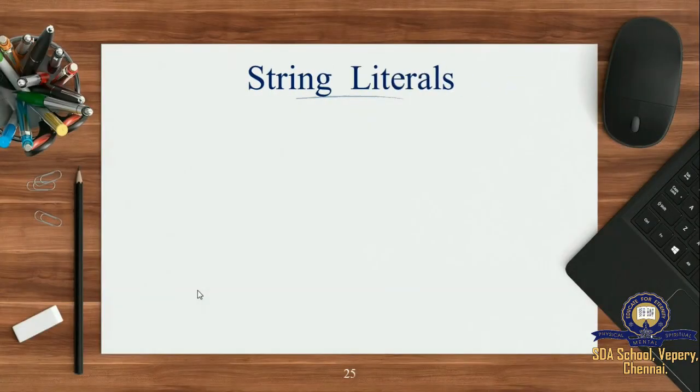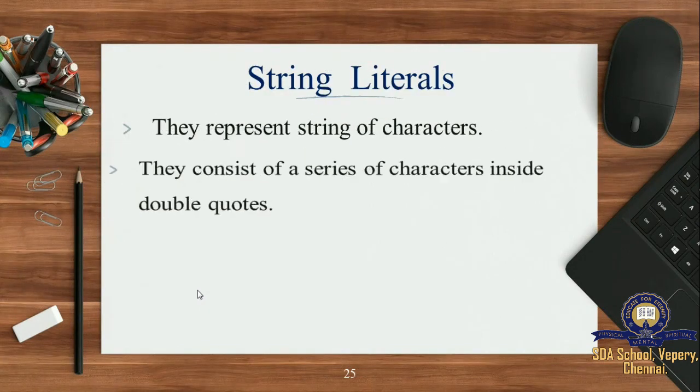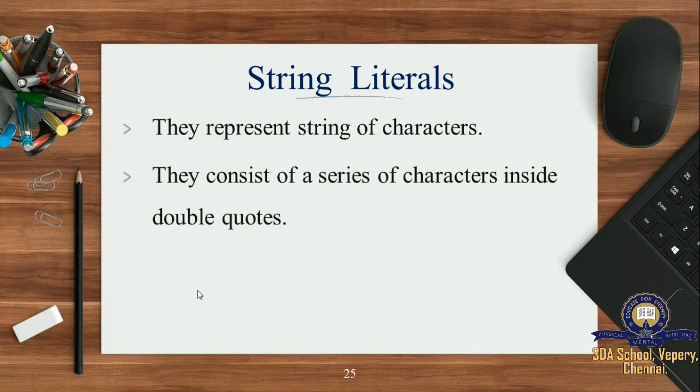Now, string literals. This is your third category of literals. String means a collection of characters. Alphabets A to Z are string literals. They represent strings of characters. They consist of a series of characters inside double quotes.